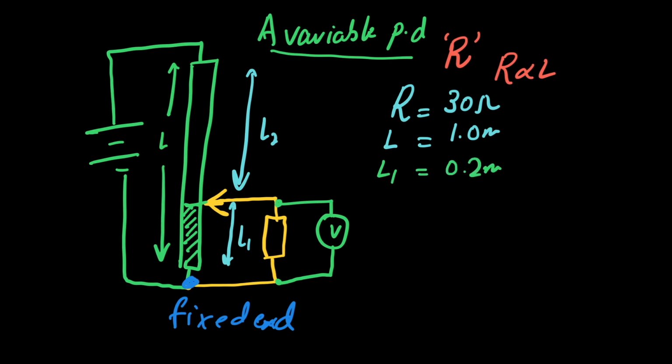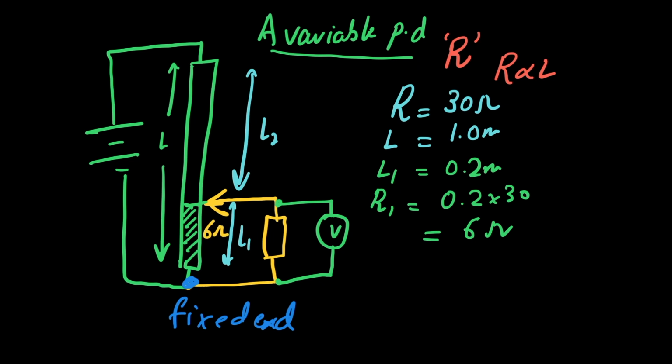That means that the resistance of the metal in that part would be 0.2 into 30, isn't it? What is 0.2 into 30? 0.2 into 30 would be 6 ohms. So the resistance of the part which is right in front of the voltmeter is 6 ohms.